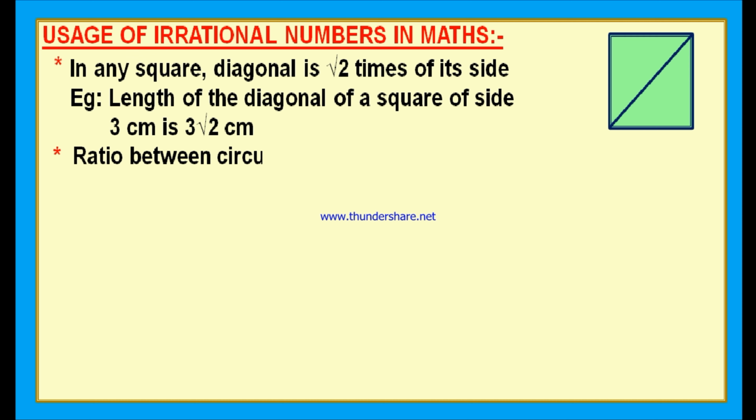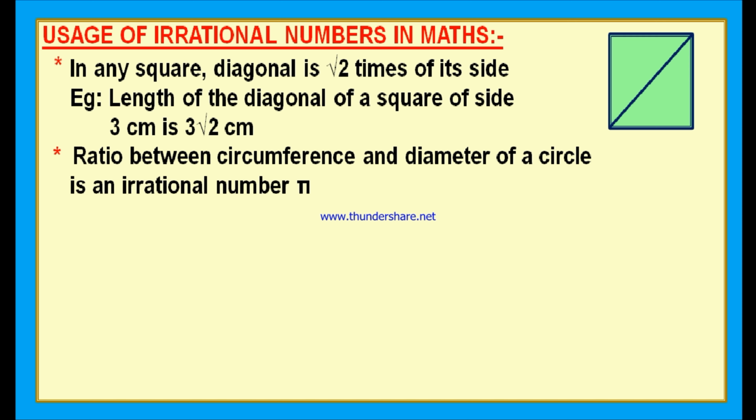Now look at this: the ratio between the circumference and diameter of a circle. The ratio between the circumference of the circle and its diameter is an irrational number. It is a constant, which is given by pi.